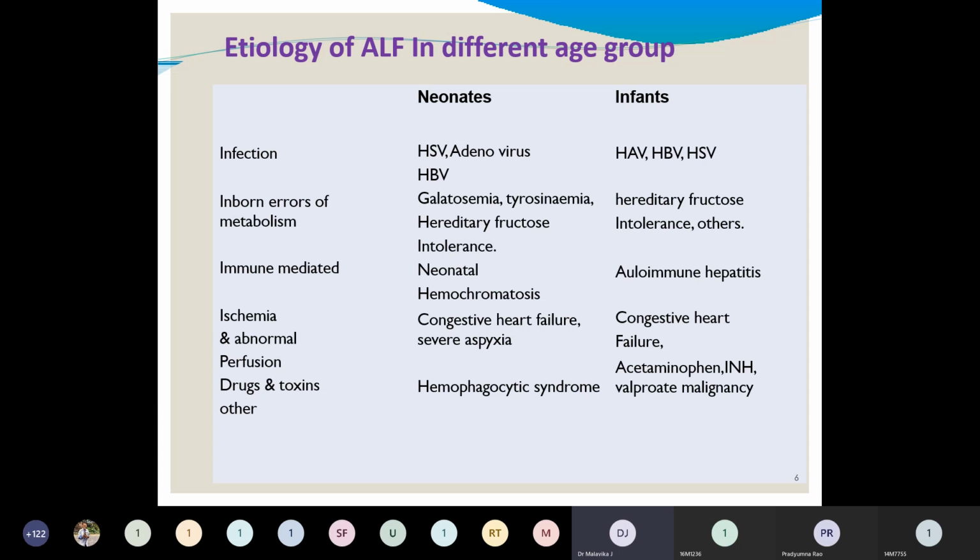For drugs and toxins, the most important drug is acetaminophen, that is paracetamol overdose, then isoniazid and valproate. Malignancies of the liver are also a deadly cause.